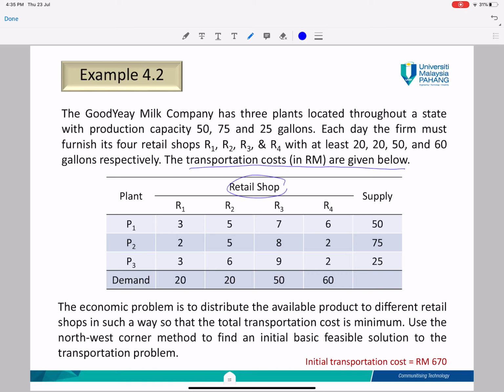We have retail shop, where retail shop is the destination. And then we have plants, where the plant is actually the source. And then we have demand and supply. Now in this question, we want to use the northwest corner method to find an initial basic feasible solution to the transportation problem.